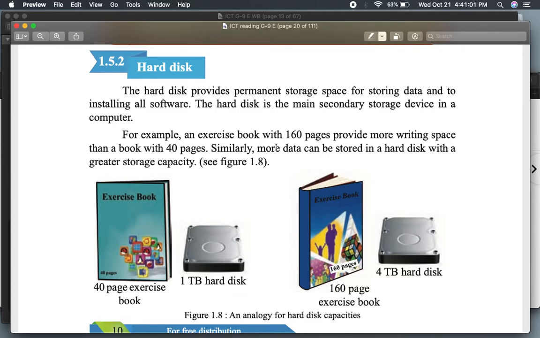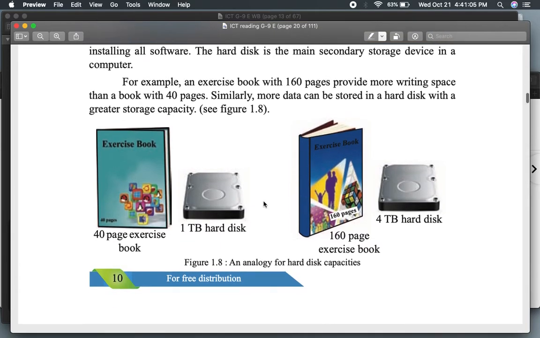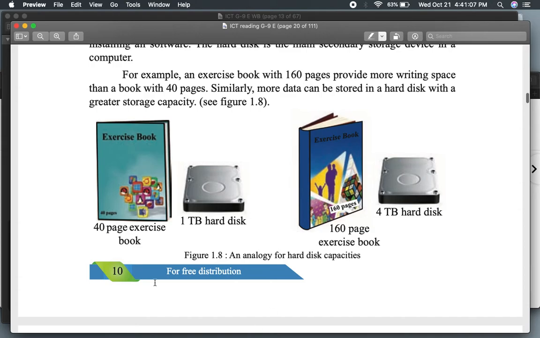Similarly, more data can be stored in a hard disk with a greater capacity. So, we have a 40-page exercise book together with a 1 terabyte hard disk and a 160-page exercise book with a 4 TB hard disk.